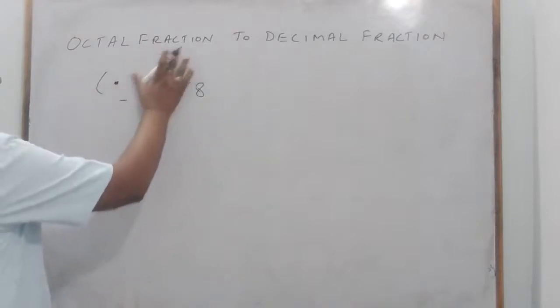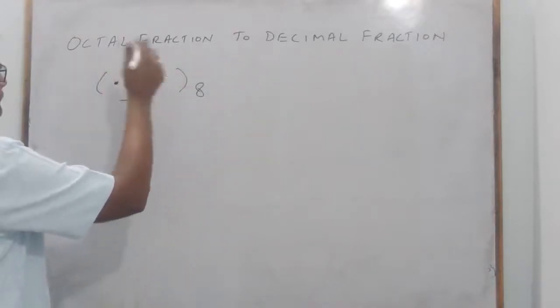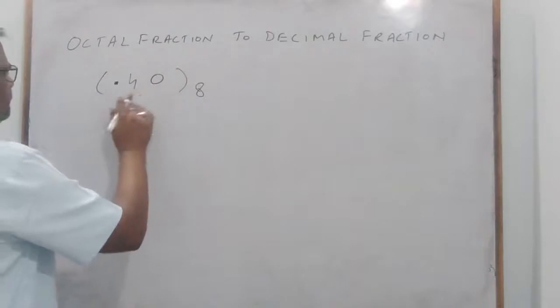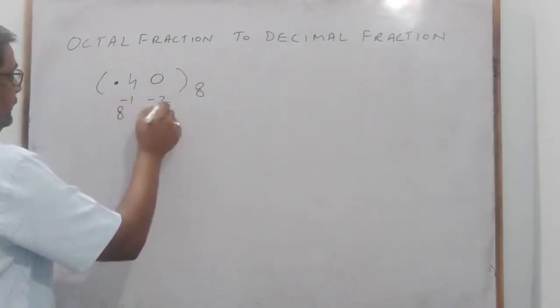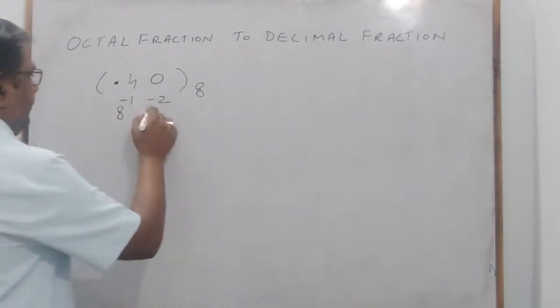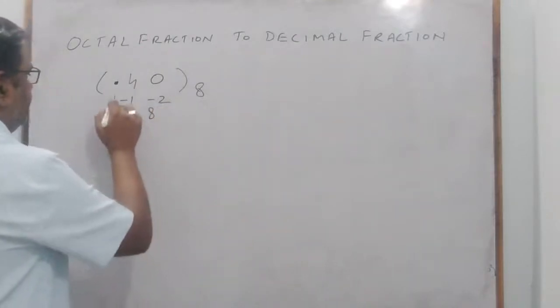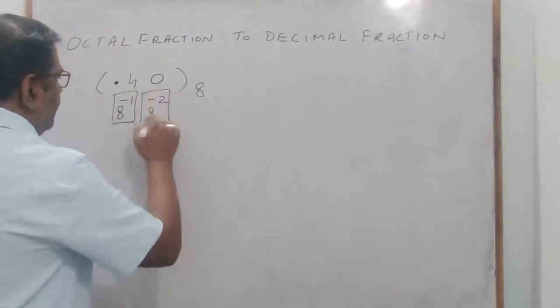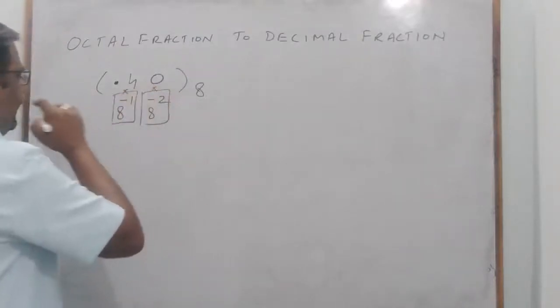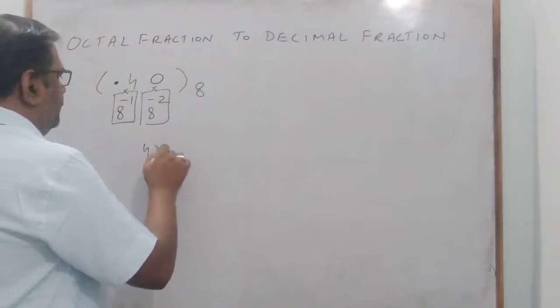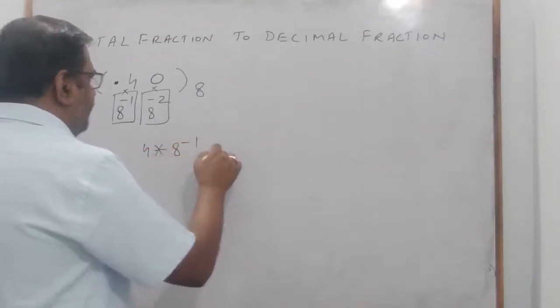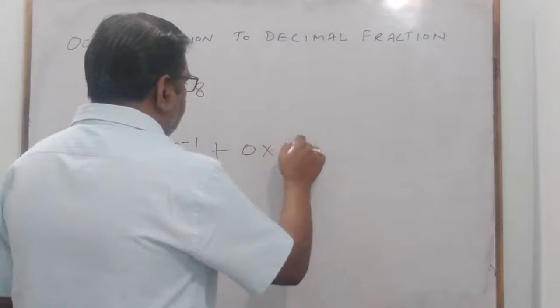So this is -1, this is -2, and since we are working on the base value 8, it will be 8 to the power -1, and 8 to the power -2. You will multiply these together and add them up. So what you will do is write 4 into 8 to the power -1 plus 0 into 8 to the power -2.